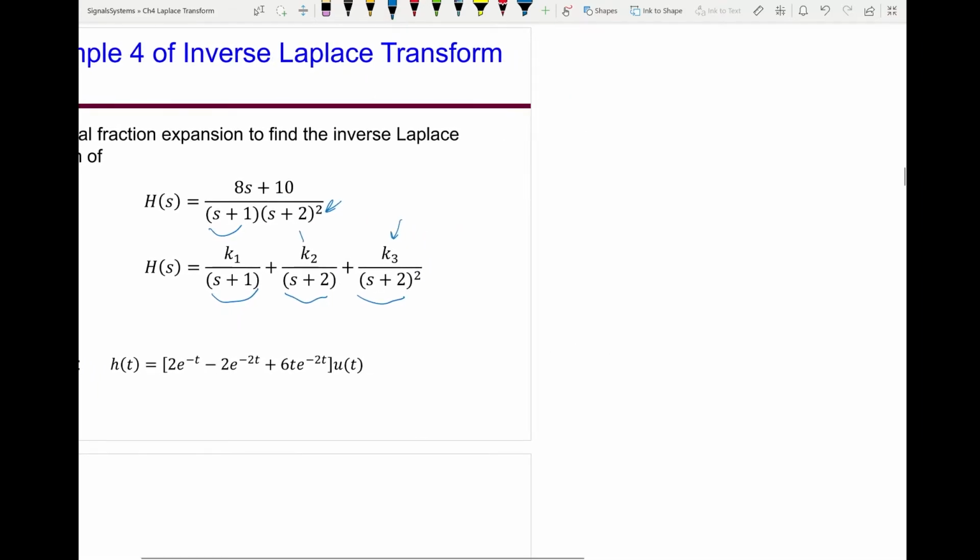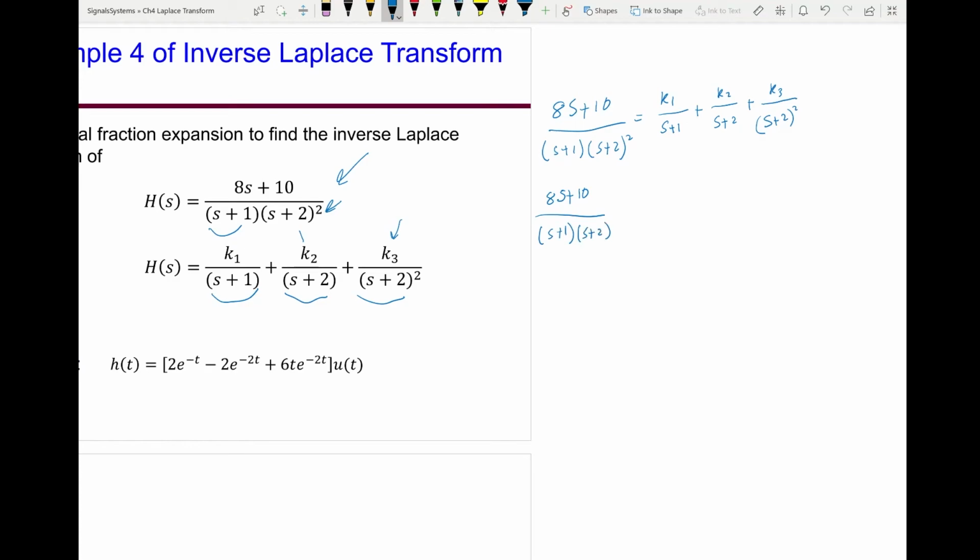Again, there are several ways, but the easiest way is, let's write this here. It is plus 10. Now to find k1, I will multiply everything by its denominator, s plus 1, and set s equal to minus 1. So now this will be 8s plus 10 equal, and I set s equal to minus 1 to find k1.